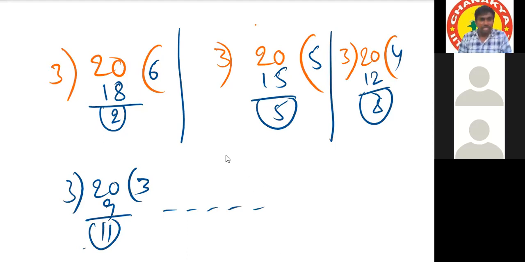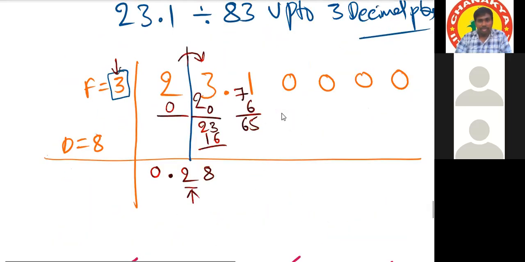So if the first case is applicable, proceed with the first case only. If this is not giving your answer, then go for the next possibility. So here, instead of taking 8 times, it is better to take 7 times only.